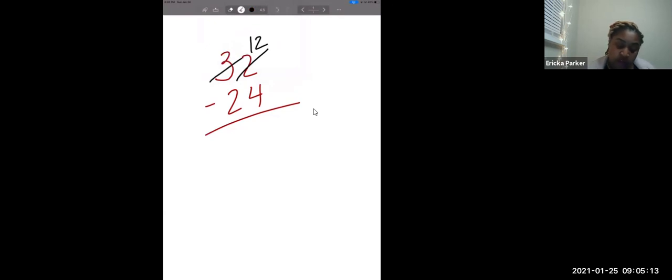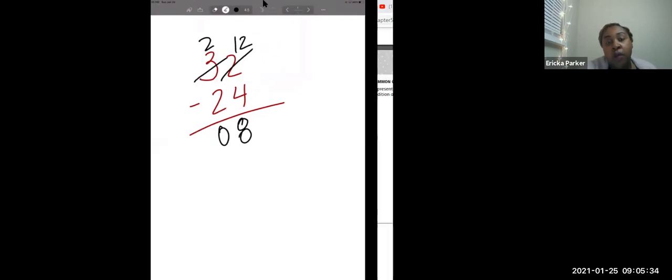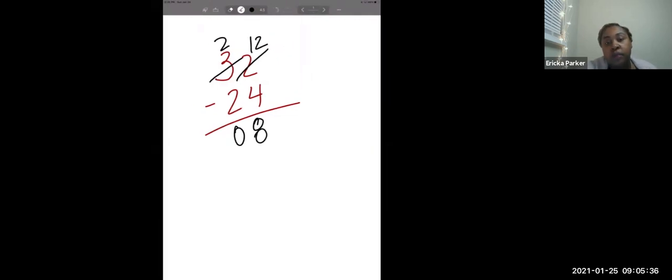We had to take a 10 from over here, so that leaves us with 2. 2 minus 2 equals 0. 12 minus 4 equals what? 8. Okay, so when we go back and look at our problem, and they asked us how many children, there were 8 children.